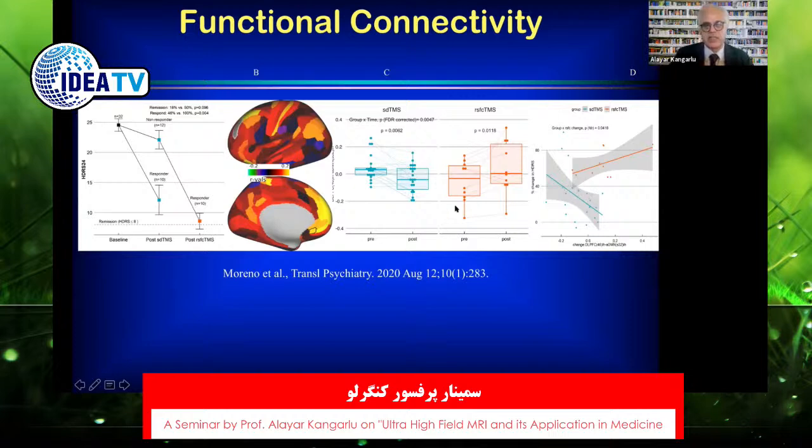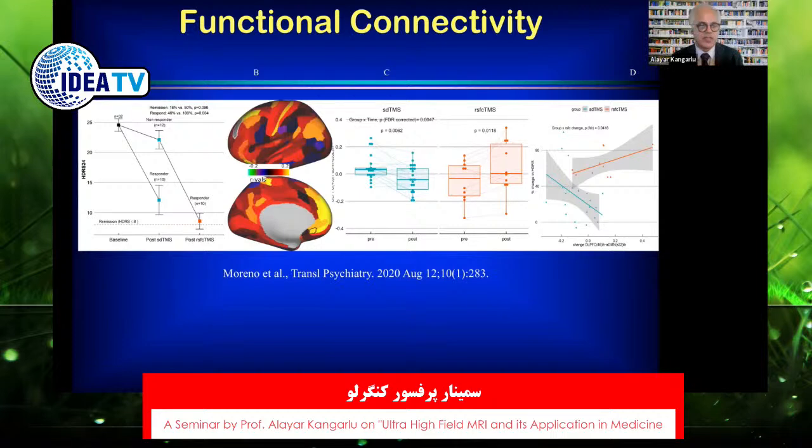These results are very preliminary and early, but at least four or five groups in the world, one in Boston, one in Toronto, and one in Stanford, are following the same kind of functional connectivity guided TMS, and they've been able to produce some enhancement in the efficacy.